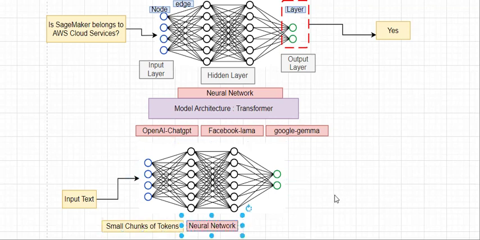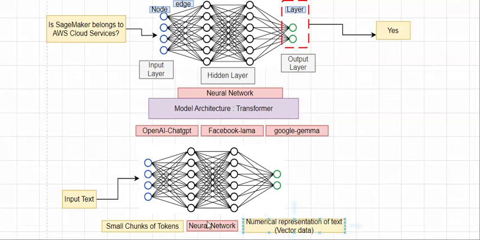The neural network itself. By using the neural network, the data is converted into a numerical representation of text. And that we call vector data. Each and every token of text is converted into a numerical representation, in the form of vector data.